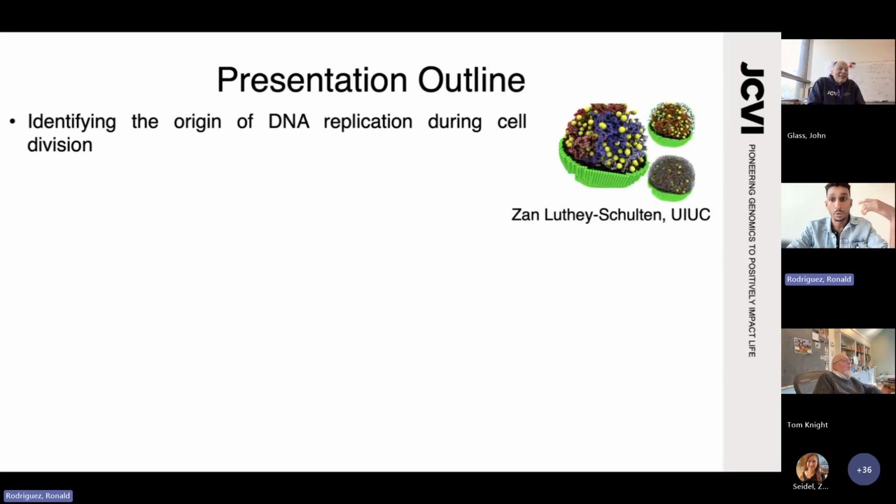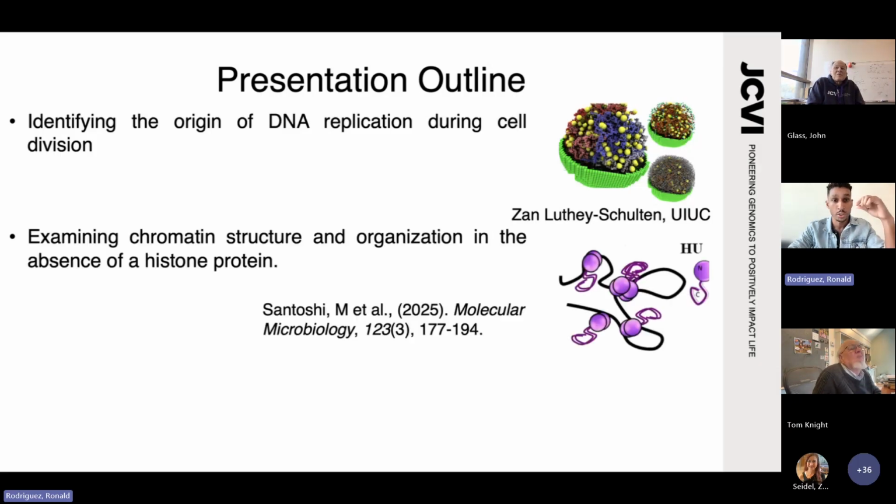First, I'm going to tell you about an experiment that we've been trying to develop in collaboration with Zan's group at the University of Illinois and TJ's group at Harvard in terms of trying to pinpoint and visualize the origin of DNA replication in the minimal cell. I'm going to tell you a little bit about Hub A, which is a histone protein, part of a larger family of nucleoid associated proteins.